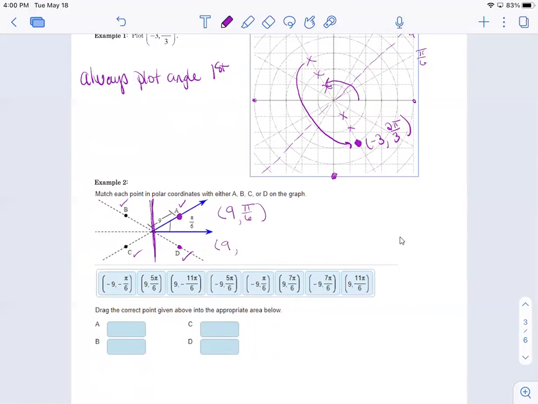If I'm in the 4th quadrant, and I know that the reference angle is still pi over 6, that means my denominator needs to be 6, then I would be at 11 pi over 6. If I'm B, again, your reference angle is still the same. We're at 9, but now this one would be 5 pi over 6. And C would be 9, and this would be 7 pi over 6.